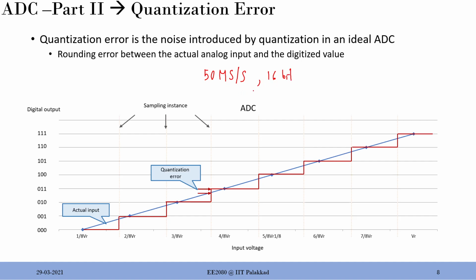Just imagine how many samples are coming. 50 mega is nothing but 10 raised to 6, so this many samples per second are coming, and they are of size 16 bits. So in 1 second this many bits are coming from a single ADC.